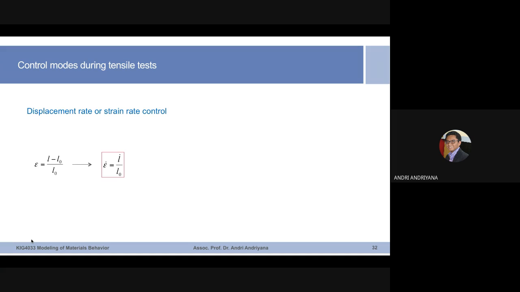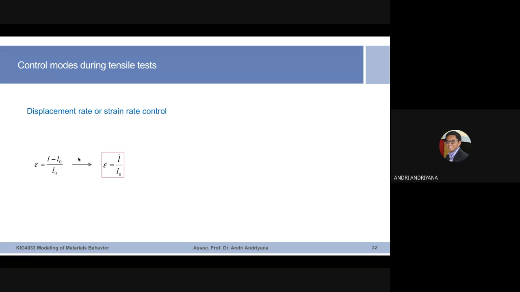Displacement rate is equivalent to imposing strain rate, in the sense that if you remember the equation for the engineering strain, it is delta L over L0, which is L minus L0 over L0. The rate of the strain is simply the rate of change of length, which is the displacement rate, over initial length.